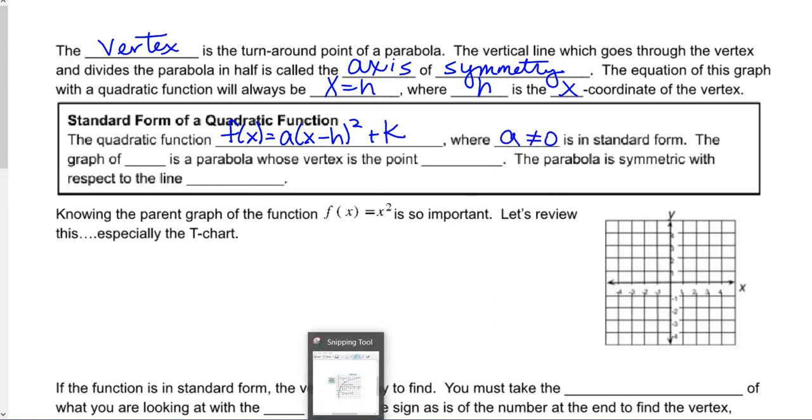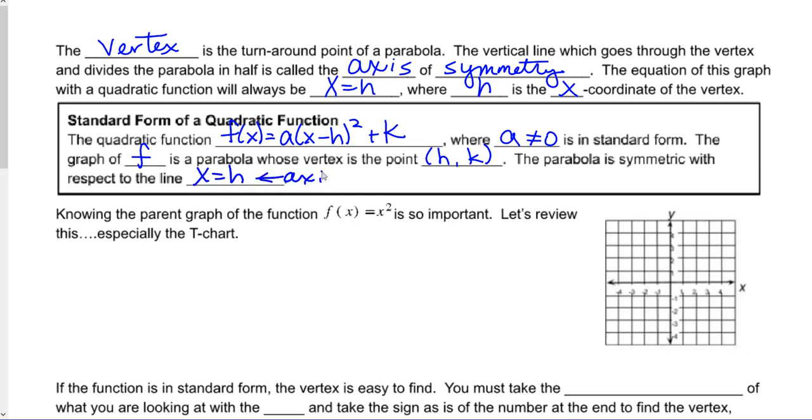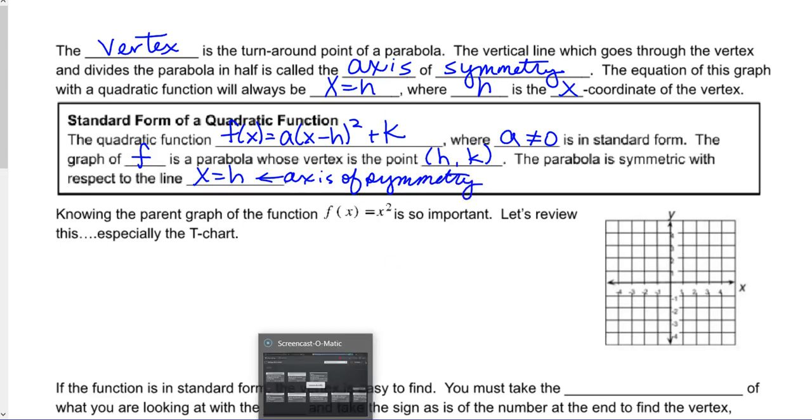Now, the graph of our function f is a parabola whose vertex point is (h, k). Notice back up here that h is grouped with that x, so I have to take the opposite of what I'm looking at here, but I take this sign as is. The parabola is symmetric with respect to the line x equals h, which is our axis of symmetry. Okay, lots of ways to put it here.